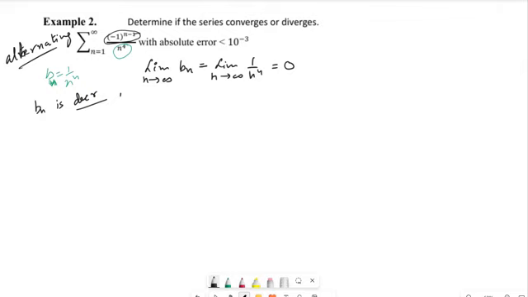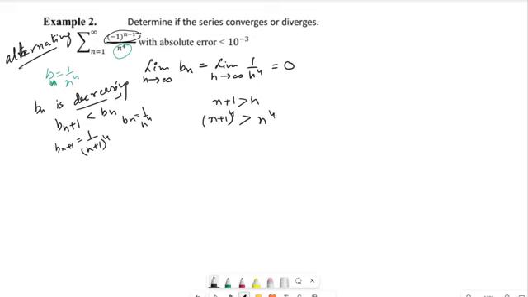For that, we need to prove that Bn+1 is less than Bn, right? That's what we need to check. Bn+1 is what? 1/(n+1)^4. And Bn is 1/n^4. We know that n+1 is more than n. Therefore, (n+1)^4 will be more than n^4.